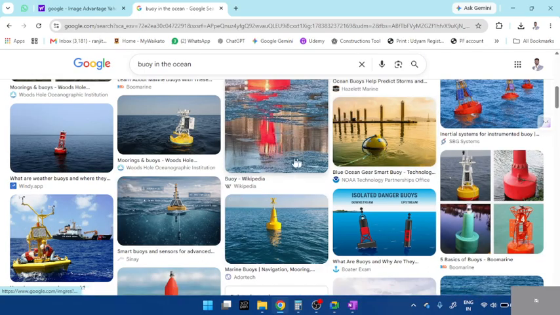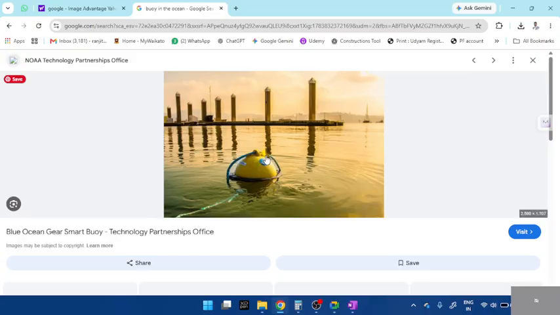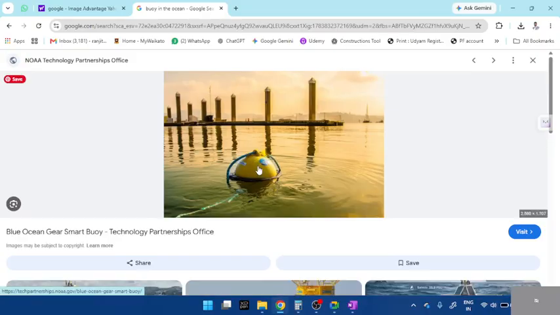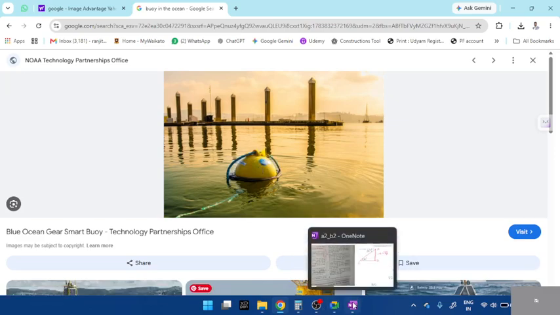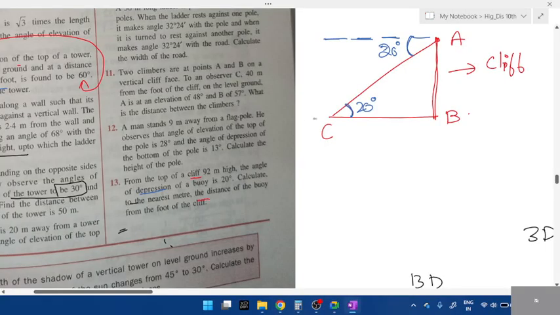Something like a reference, students. Can you see these kinds of things here? It's just an object which is floating. They use it to detect the direction. So buoy is just an object. Just remember, it's an object at sea.